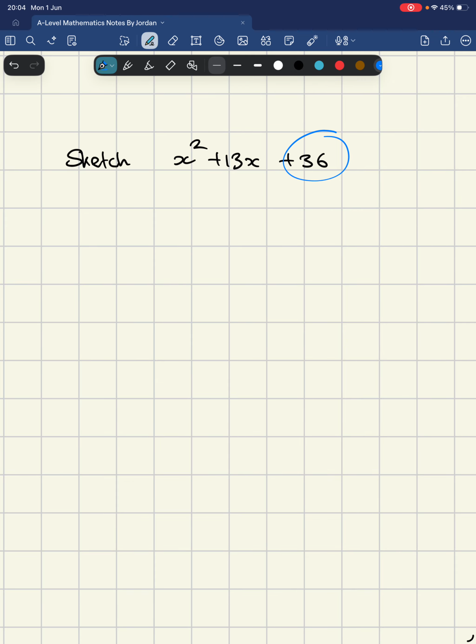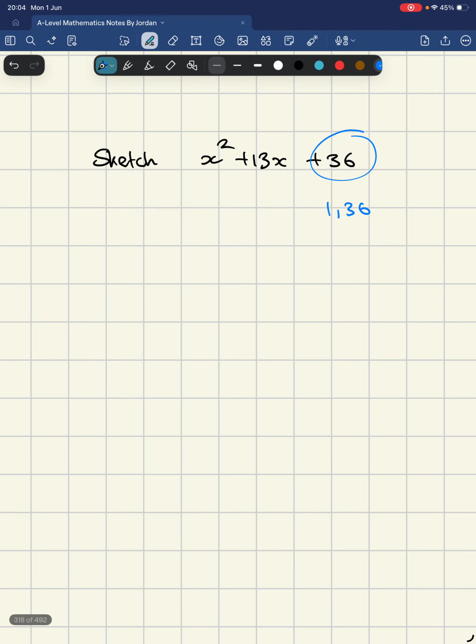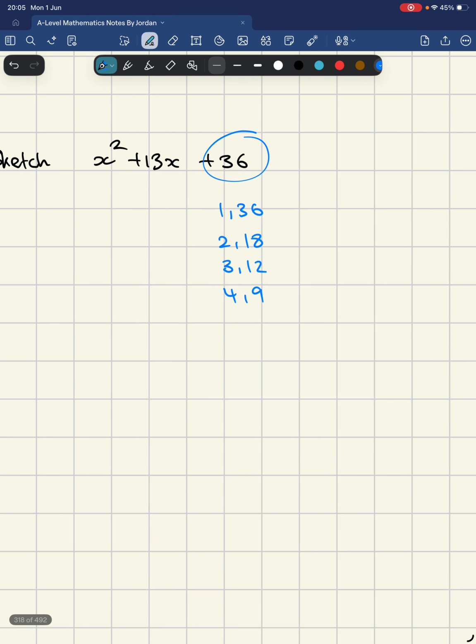Here we're looking for numbers that multiply to make 36. We've got 1 and 36, 2 and 18, 3 and 12, 4 and 9. If we look at adding these, we get 37, 20, 15 and 13. And you see a 13 right there.